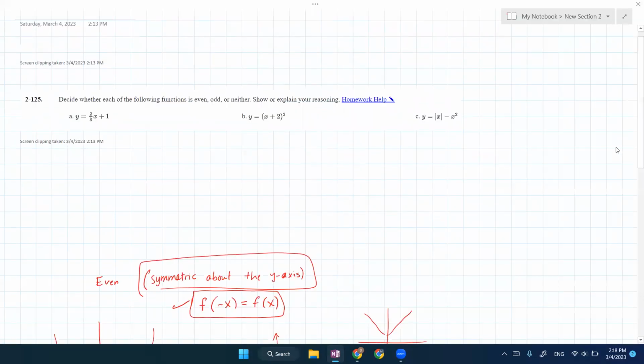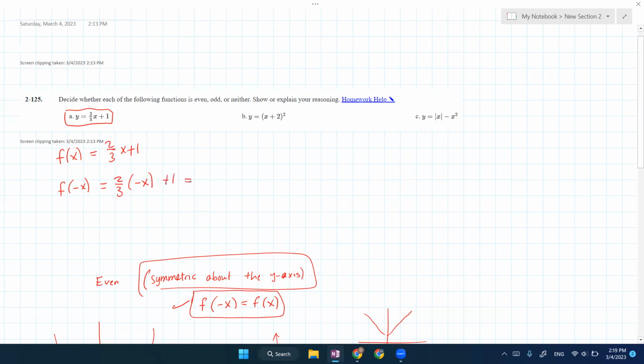So algebraically, for this function, I want to find f of x and f of negative x. If they are equal, then the function is even. If they are equal but have different signs, the function will be odd. So f of x obviously here is 2 over 3x minus 1 plus 1. And f of negative x means just replace x with negative x. So that would be 2 over 3 minus negative x, plus 1.